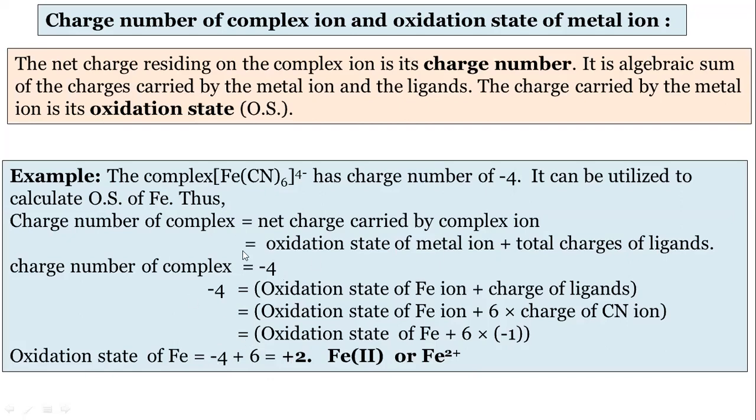By using this formula, you can calculate the charge present on the complex ion and also the oxidation state of the metal ion. Don't worry, this is not asked in the exam, but you need this charge and oxidation state for the nomenclature system.